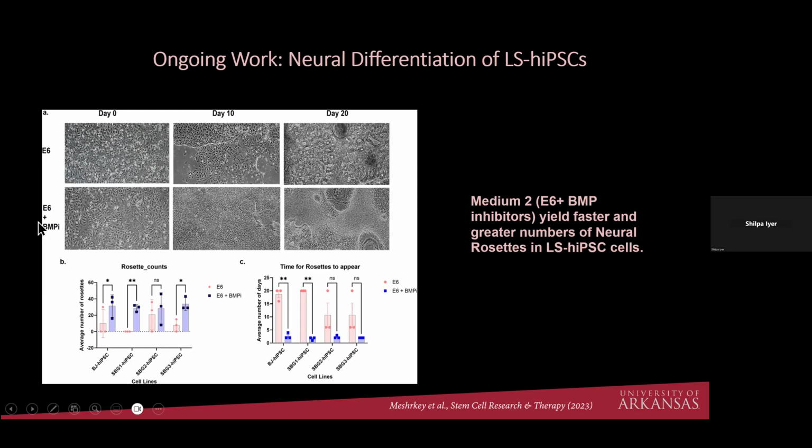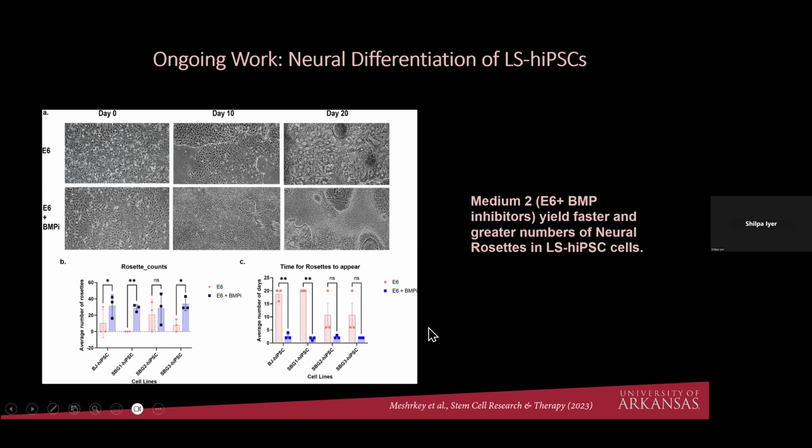We saw that with and without these inhibitors, the number and capacity of neural rosettes differed. If you look at E6 and E6 with the inhibitor, you can see that when you inhibit the other two germ layers, the capacity of cells to actually form neurons increases.